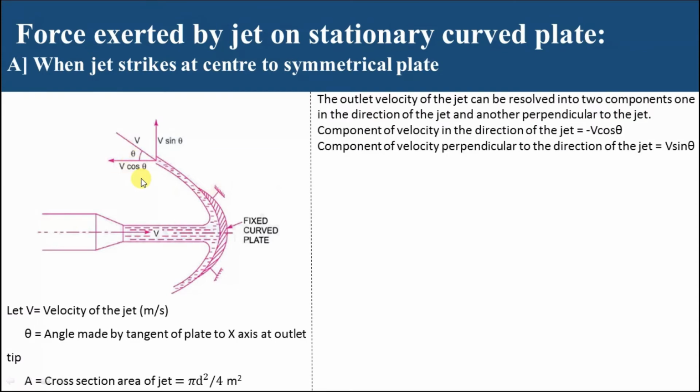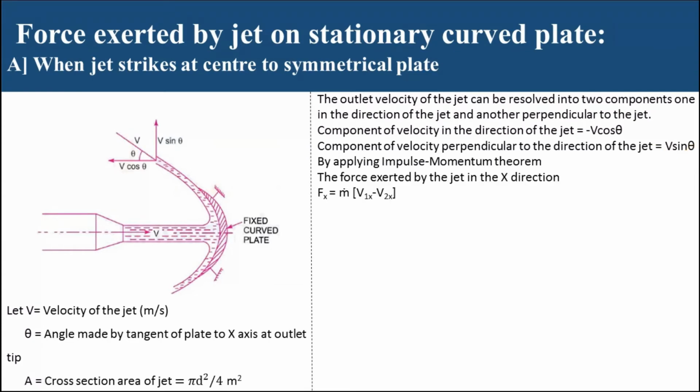So the component of velocity in the direction of jet is minus v cos theta. Remember, the negative sign indicates the direction of the component of velocity is opposite to the direction of jet. And second is the component of velocity perpendicular to the direction of jet. It is v sin theta.